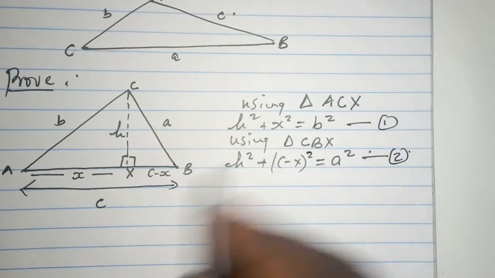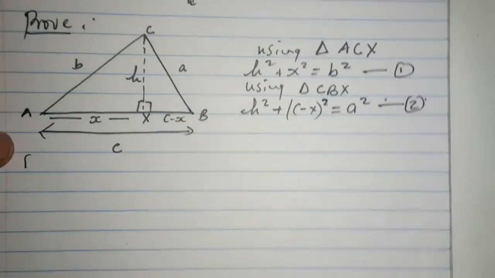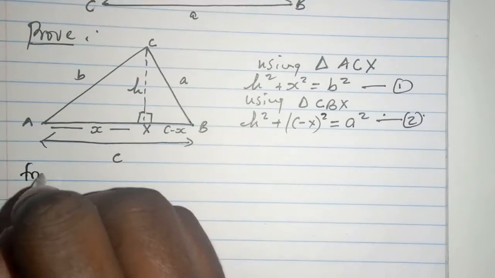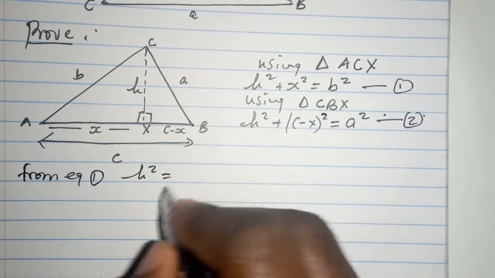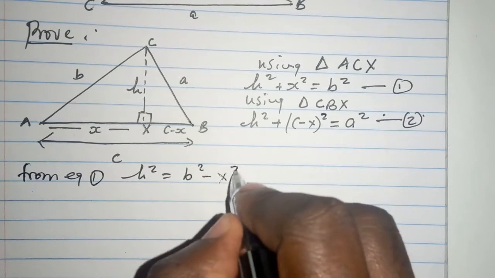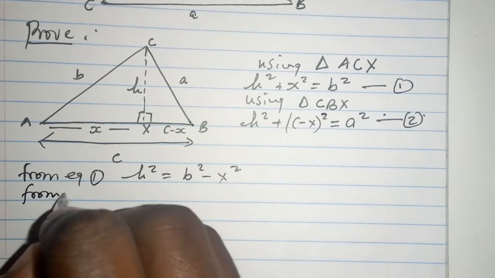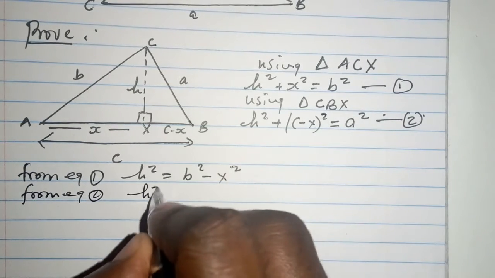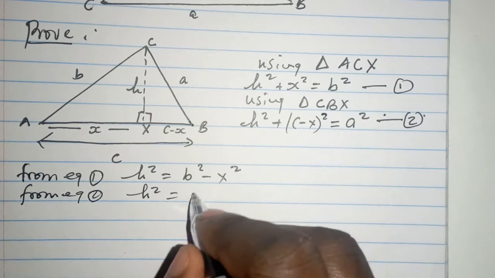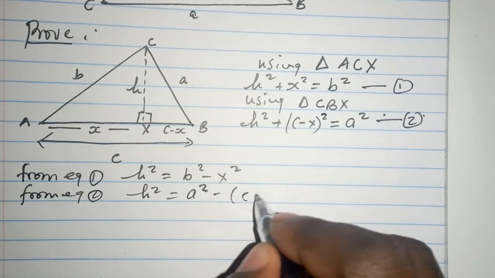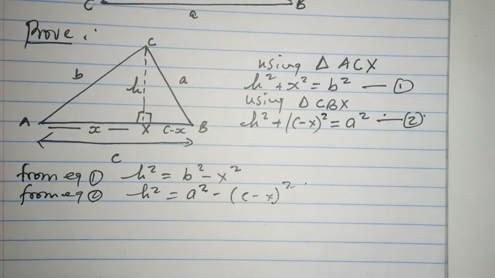From equation 1, h squared is b squared minus x squared. From equation 2, h squared is a squared minus (c minus x) squared. Because both are h squared, b squared minus x squared is exactly equal to a squared minus (c minus x) squared.